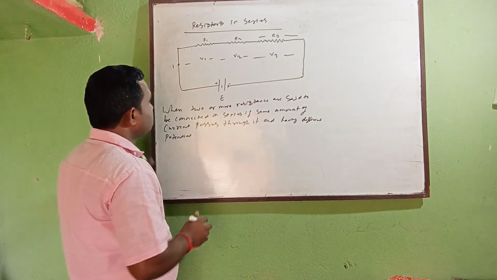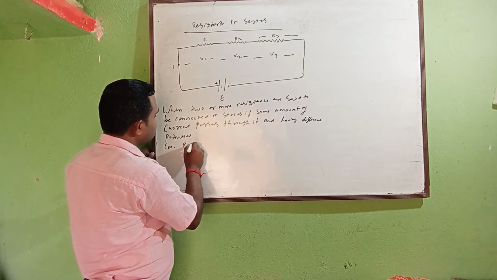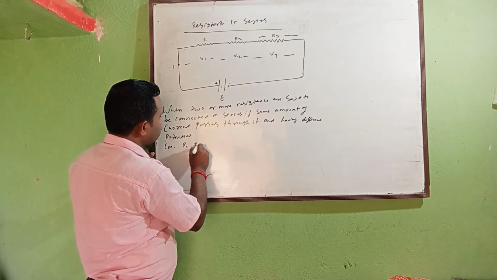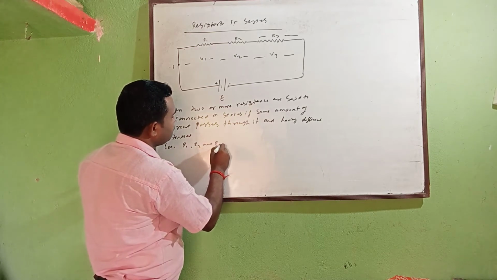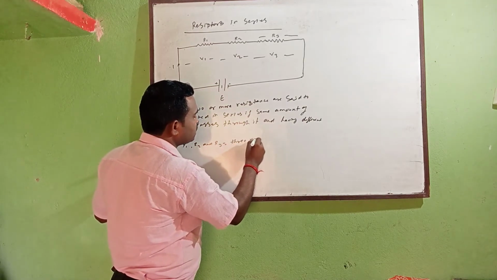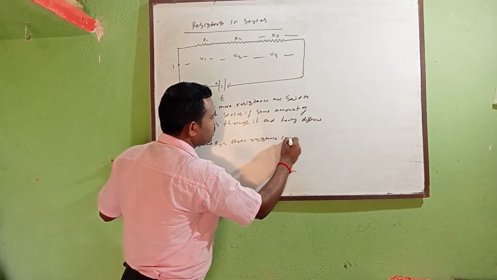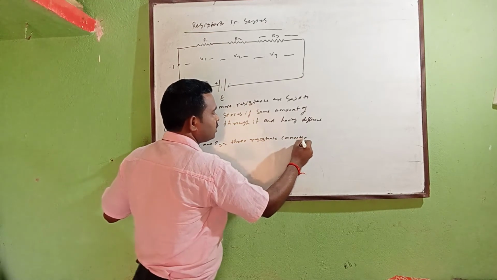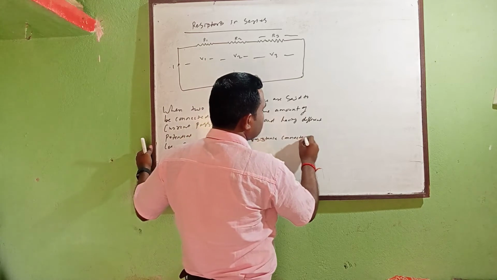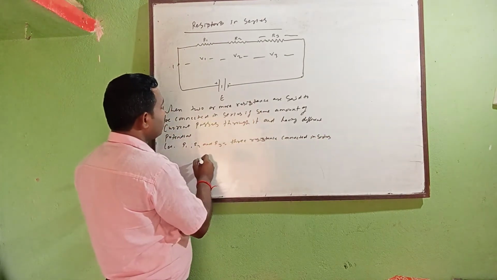Here let R1, R2 and R3 equal to 3 resistances connected in series.